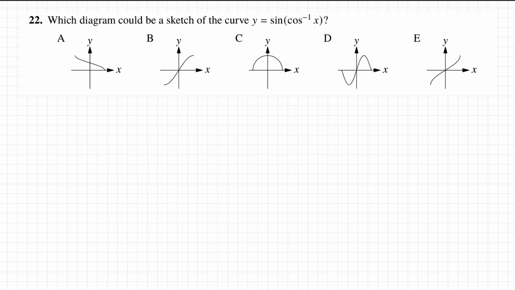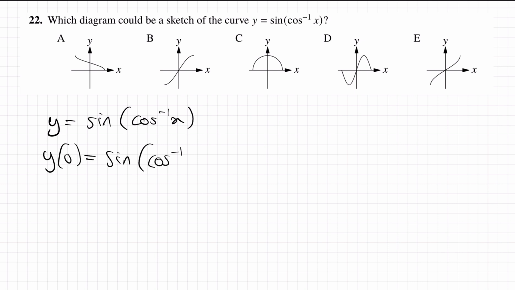So yeah, let's just plug in values. We'll just start off with x equals 0. So we have y equals sine of arc cos of x. So let's start off with y of 0. That's going to be sine of arc cos of 0, which, if we draw the cos graph, is going to be either pi over 2 or 3 over 2 pi.